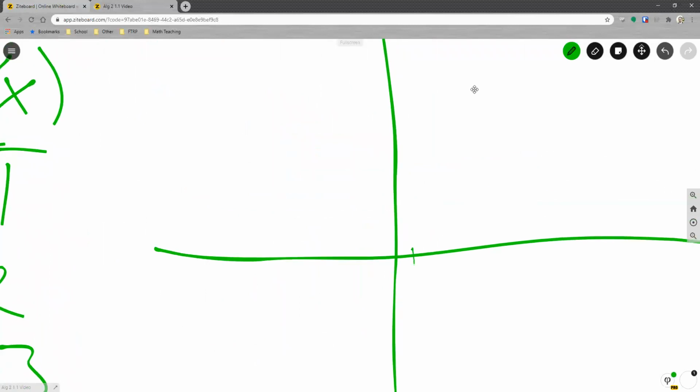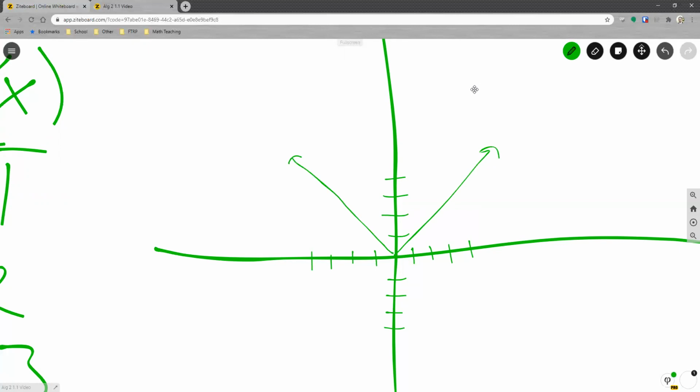Let's take this 1, 2, 3, 4, 1, 2, 3, 4. And I'll count up, 2, 3, 4, count down, 1, 2, 3, 4. So remember, my parent function looks something like this. When x is 1, y is 1. When x is 2, y is 2.